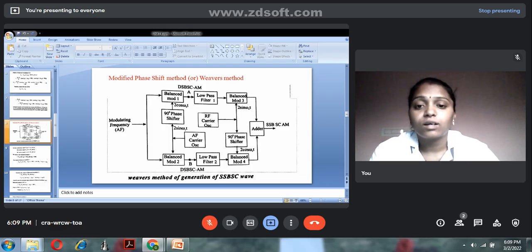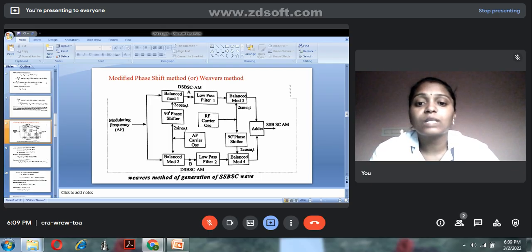Then we get an SSB-SC signal, that is, the double sideband output appears at BM1 and BM2. Then we have a low pass filter. So the double sideband signal will be converted into a single sideband. That means after the low pass filter the output is only a single sideband, either upper sideband or lower sideband.